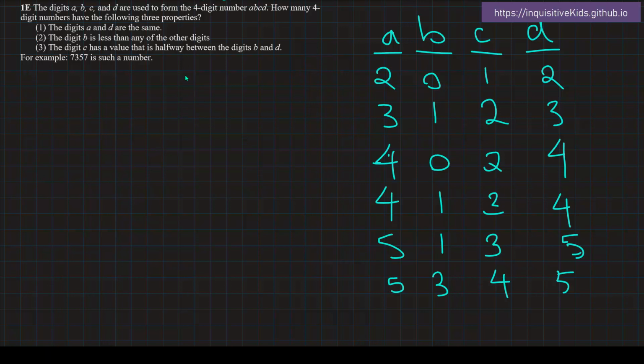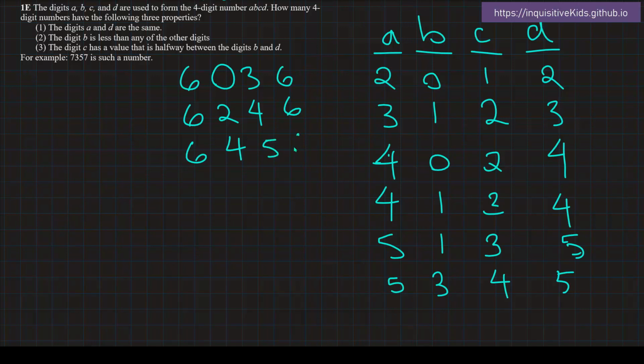If A and D were equal to 6 and 6, what would B and C equal? B could be equal to 0, and C would equal 3. If B equaled 2, C would equal 4. If B equaled 4, C would equal 5.